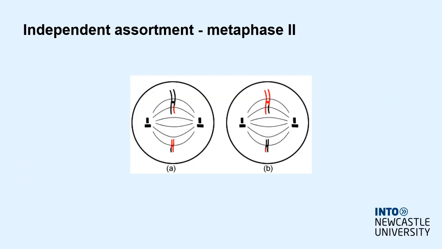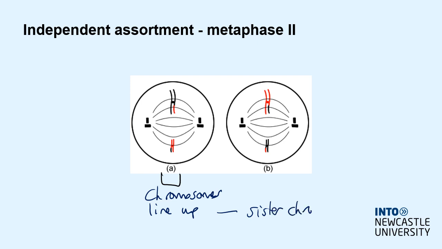During meiosis, we also have independent assortment in metaphase 2. So what we have here is the chromosomes line up at the equator. And when they line up at the equator, remember the sister chromatids are no longer identical.